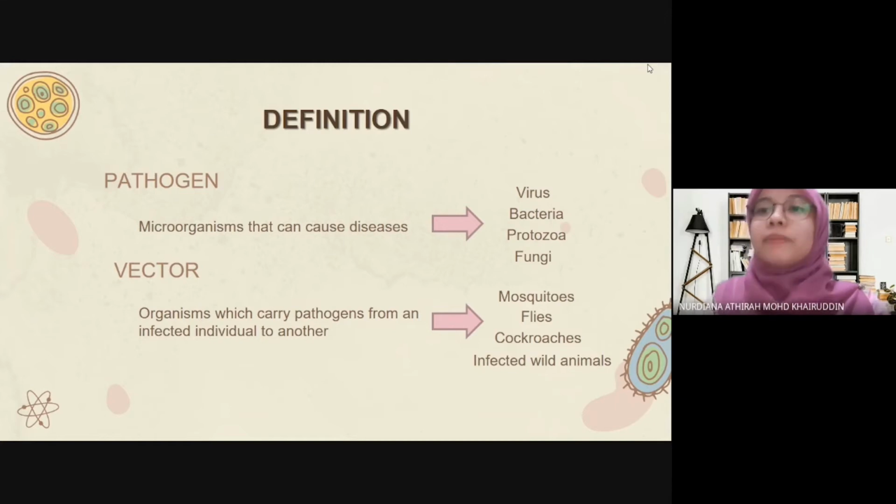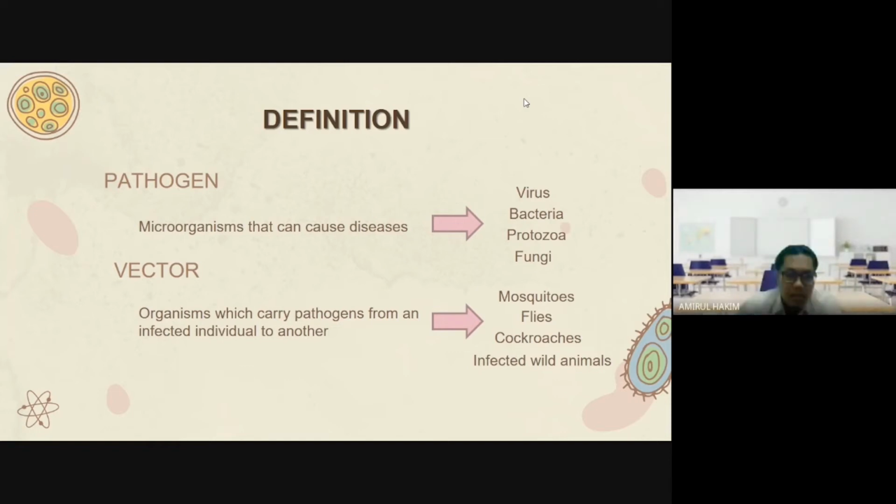For example, like virus, bacteria, protozoa, and also fungi. Meanwhile, for the vector, it is organism which carry the pathogen from an infected individual to another. For example, like mosquitoes, flies, cockroaches, and also infected wild animals. Okay, so do you get it? What is pathogen and what is vector? Yes, teacher.